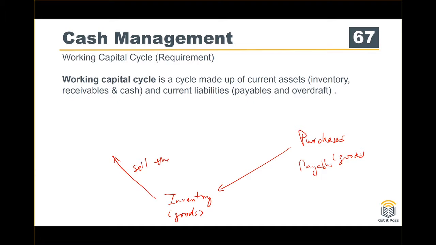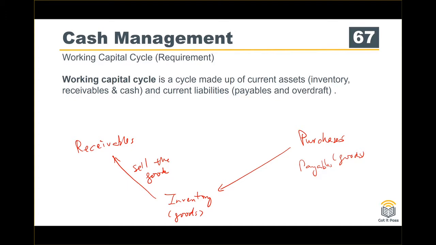Sell the goods to the customers on credit terms, then it will become your receivables. So from the purchase or from the payables, it becomes your inventory, and then from the inventory, it becomes your receivables because you have already sold the items to your customers.